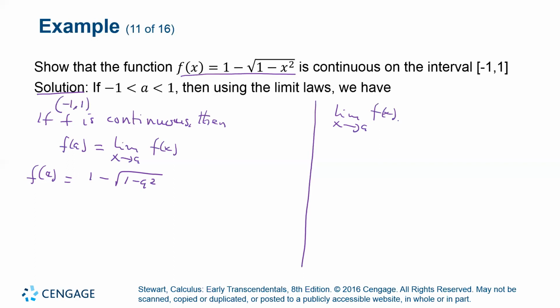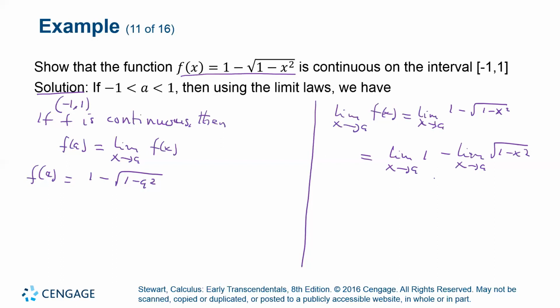Now this is equal to the limit as x goes to a of the function 1 minus the square root of 1 minus x squared. Now this is equal to the limit as x goes to a of 1 minus the limit as x goes to a of the square root of 1 minus x squared.